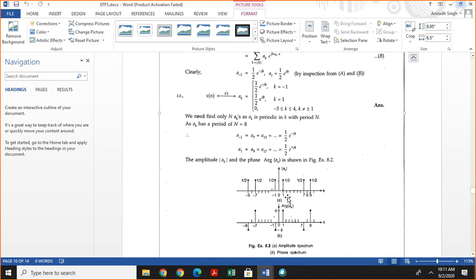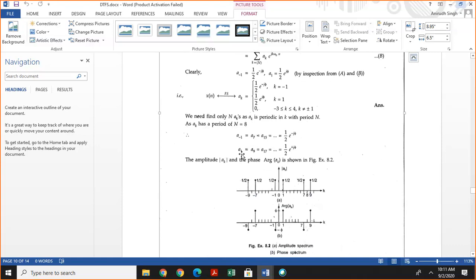But we know that the Fourier coefficient in discrete time Fourier series is periodic in nature, and here ak has a period of N equal to 8. So if we add 8 to minus 1, we get a7, then a15, and the value of these coefficients is equal to half exponential minus j psi.